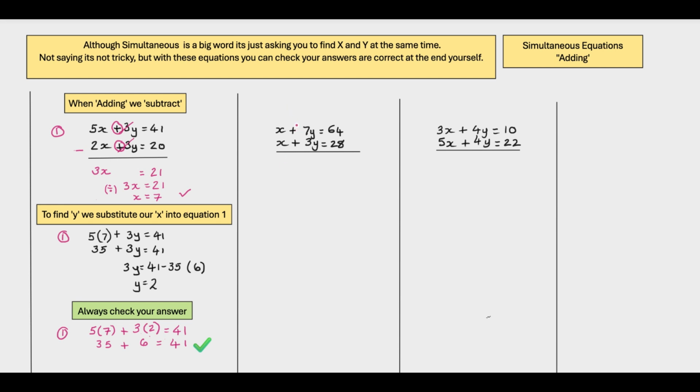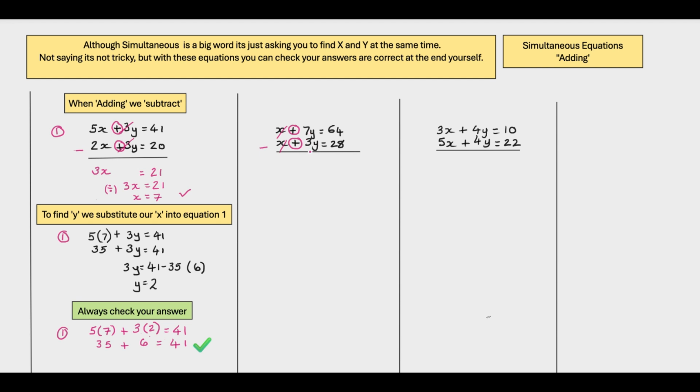So we know that these are adding. So step 1 is to change the sign to a negative. So this is to get our y's on their own because we know x minus x is nothing. And it's gone, and they've cancelled each other out.